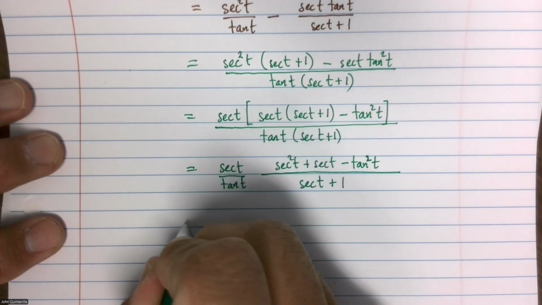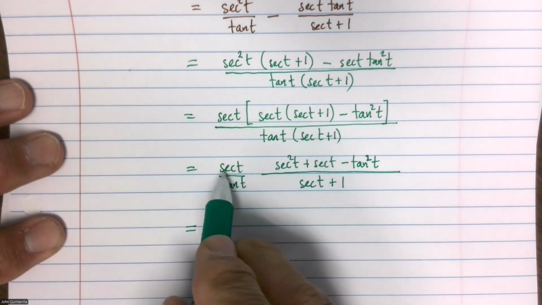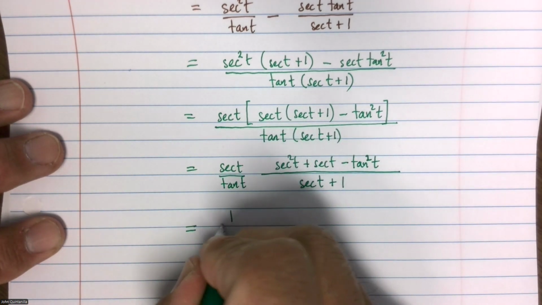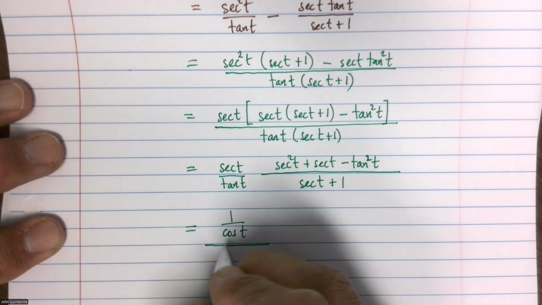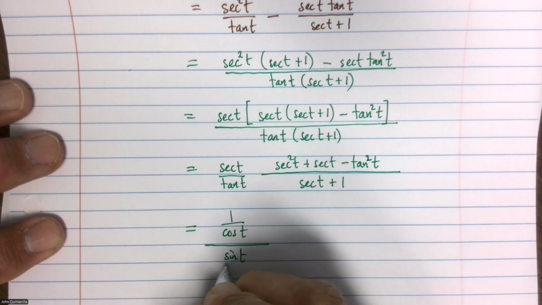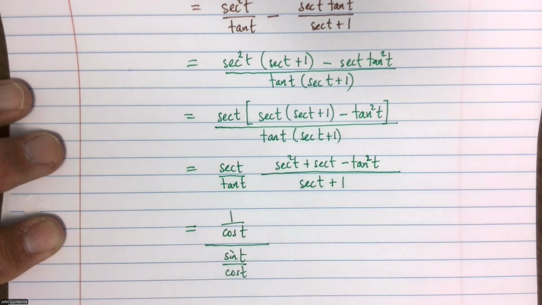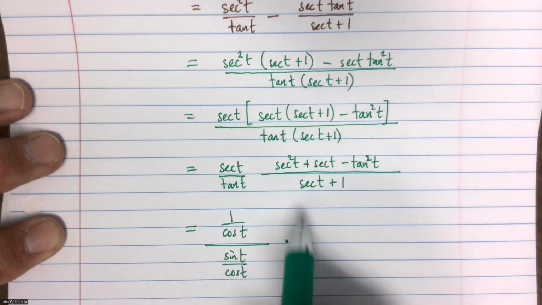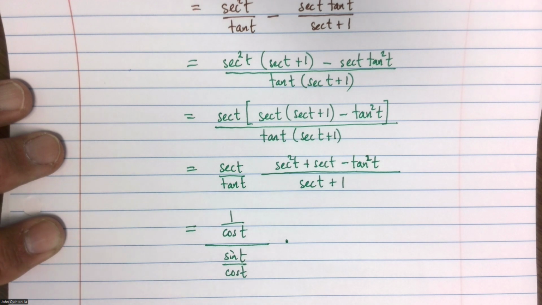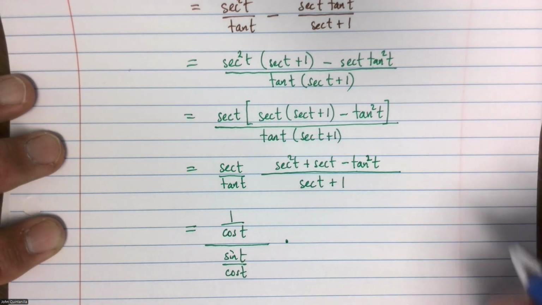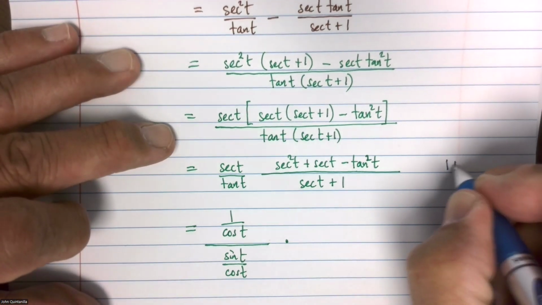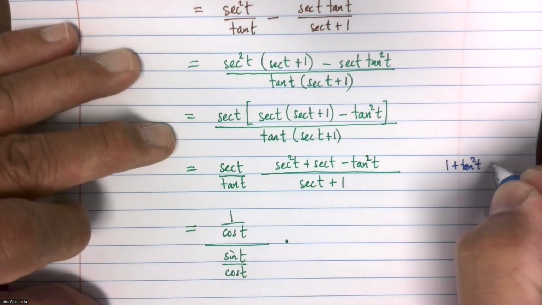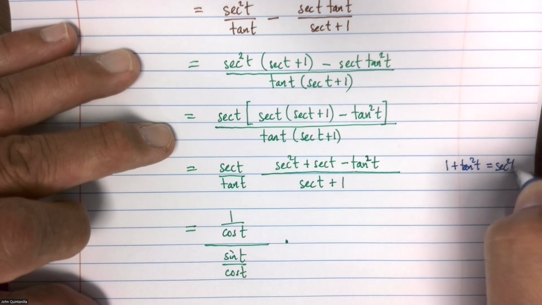Okay, now I'll start using trig identities. Equals. All right, so secant is 1 over cosine of t divided by tangent is sine of t over cosine of t. Now over here, I will invoke an important trig identity that you may have forgotten. And the trig identity goes like this. 1 plus tangent squared t is equal to secant squared t.